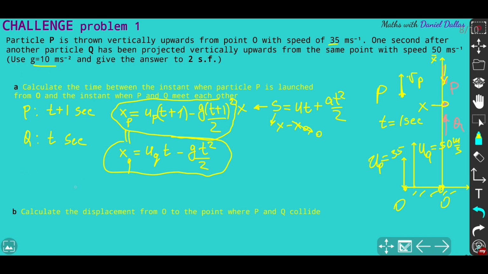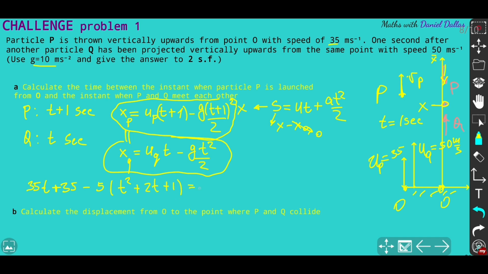So you've got 35 times (t plus 1), so I expand the bracket: 35t plus 35, and g over 2 is 10 over 2, so we get 5. And here is (t plus 1) squared, so I'll just expand the brackets: t squared plus 2t plus 1 finally. And that's going to be equivalent to what you have for Q.